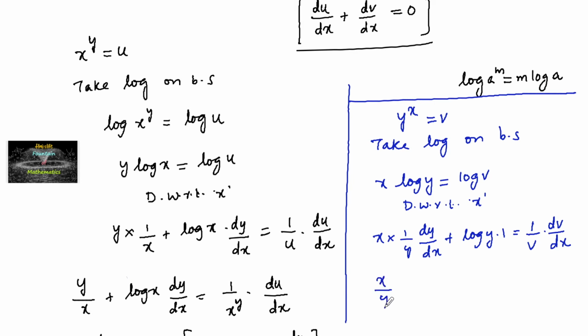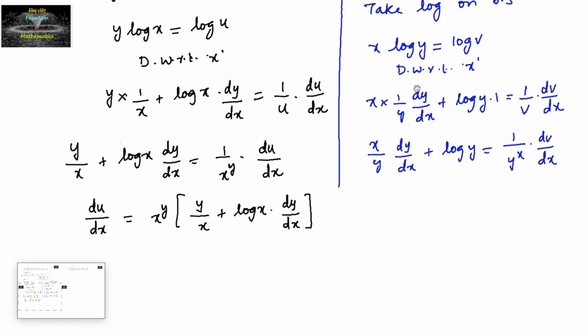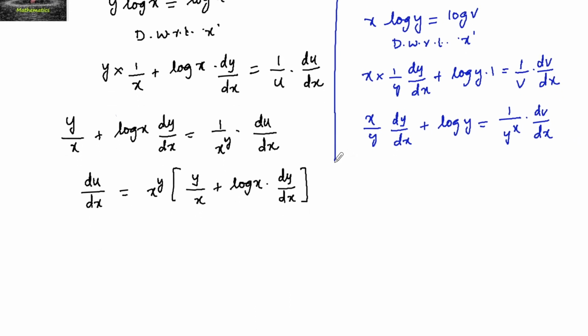Or we can write x upon y dy by dx plus log y is equal to 1 upon y to the power of x into dv by dx. And also it can be written as dv by dx is equal to y to the power of x times x upon y dy by dx plus log y.